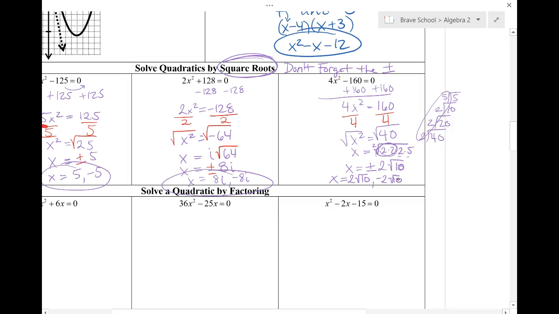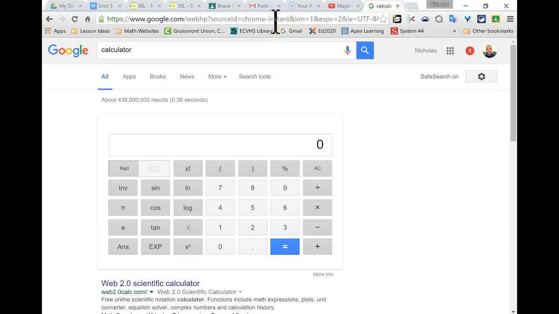Now on the test, I may ask you for the decimal, or to round to the nearest hundredth. So what you'll need to do is take the square root of 10 and then multiply it times 2. So it's 6.32, if that's rounded out.